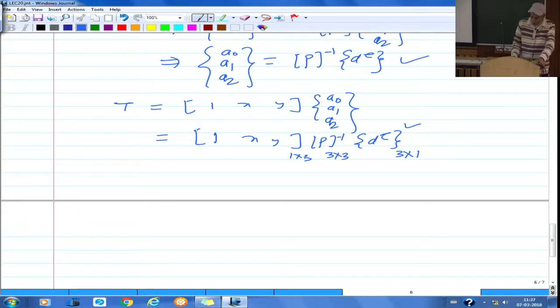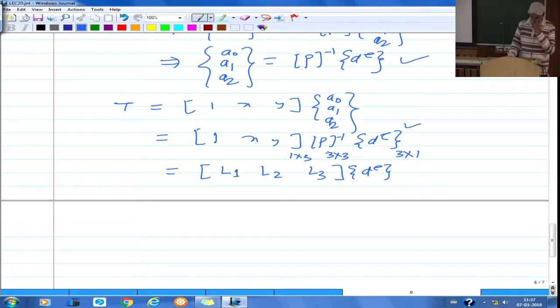So I can multiply these two. 1 by 3 into 3 by 3 will give you a 1 by 3 vector, and that we call shape functions. There is a specific name given to these shape functions because of their interpretation. So let me use the notation L1, L2, L3 for the shape functions, into D^e.